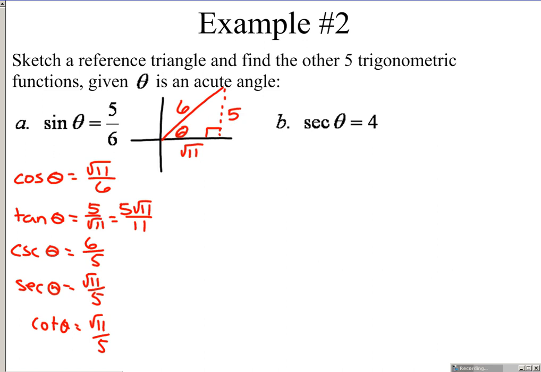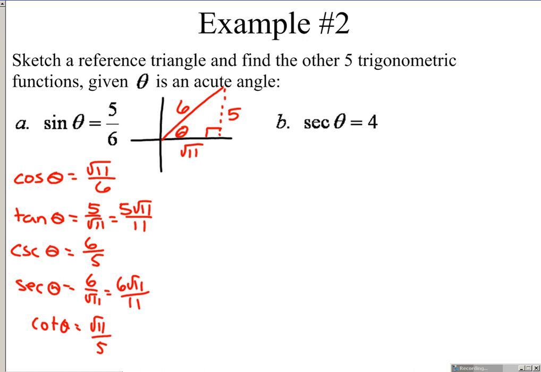Whoops, I wrote secant wrong here. Should be root 11 over 6. Never mind, I wrote it wrong again. It's the reciprocal of cosine. It should be 6 over root 11, and then we need to rationalize. There we go.